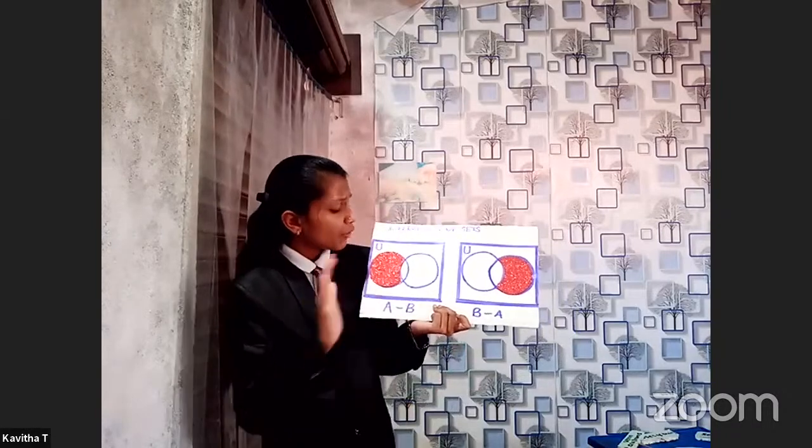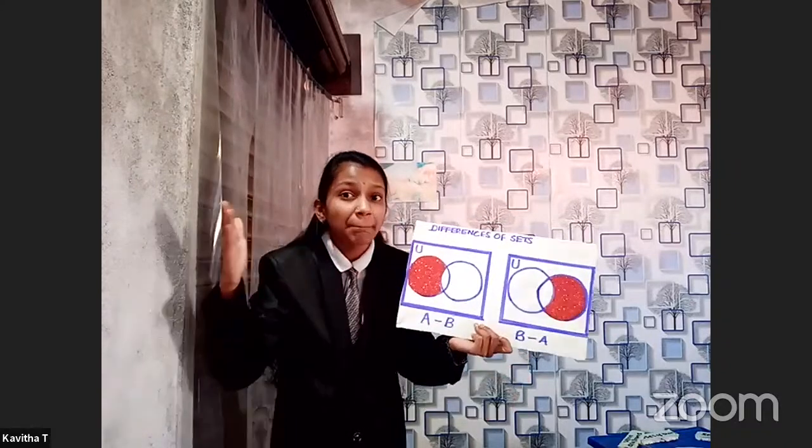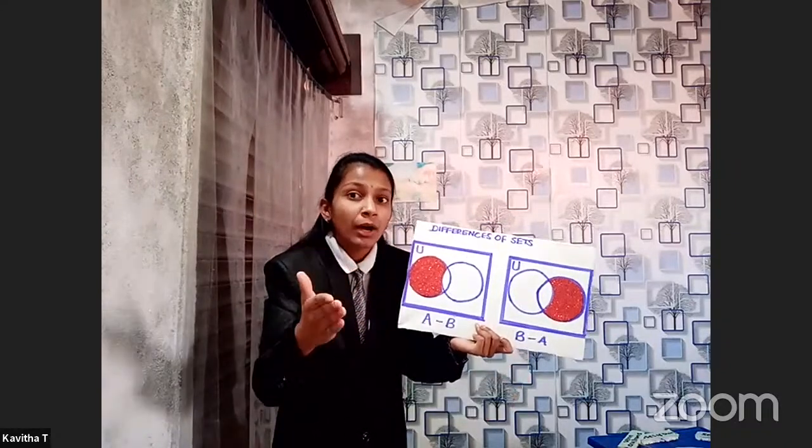Next, differences of sets. The difference of sets, A minus B, means we have to cancel. Now we are doing an activity on it. We have cancelled the apples, and A contains mango and grapes.